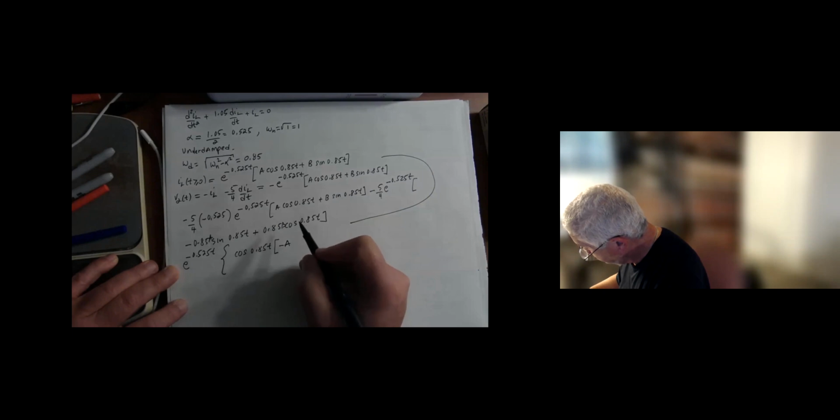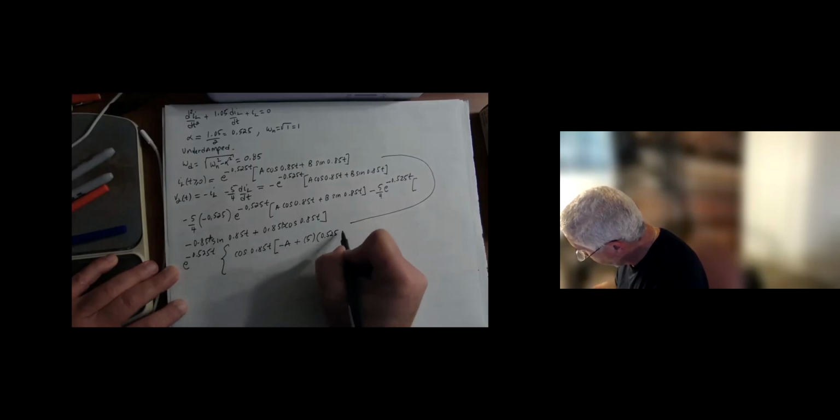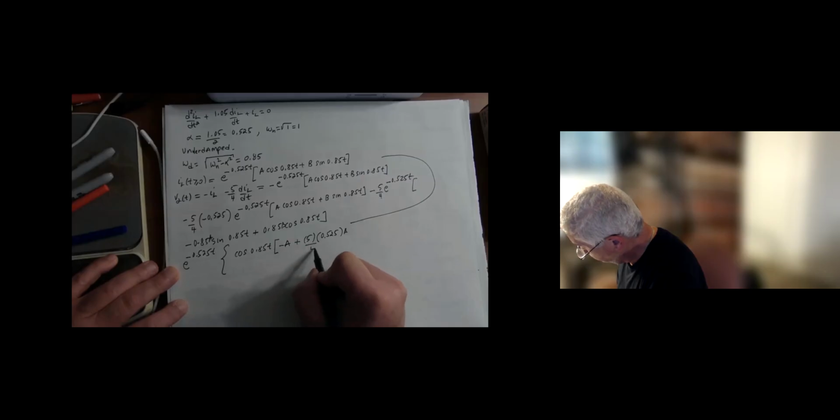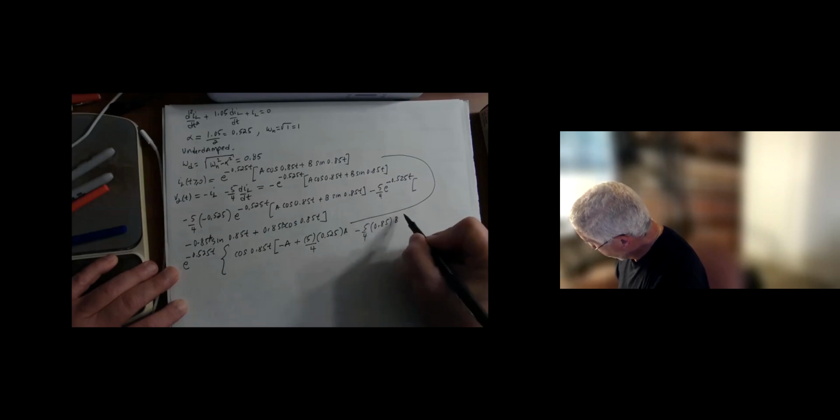Then we pick up plus 5 times 0.525 a over 4, and then right here I pick up minus 5/4 times 0.85 b.